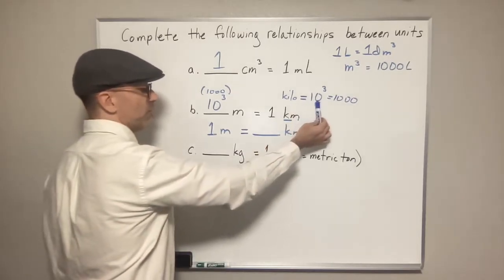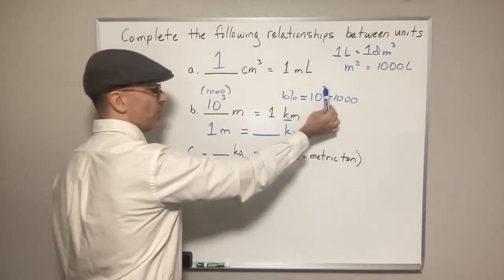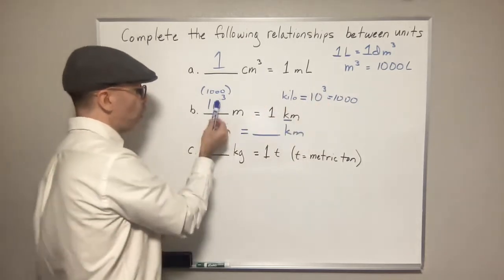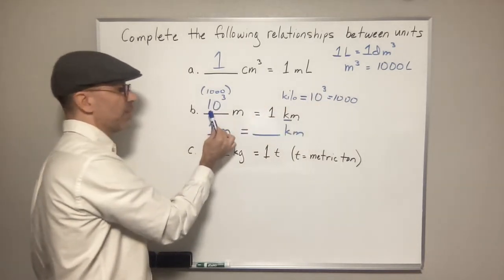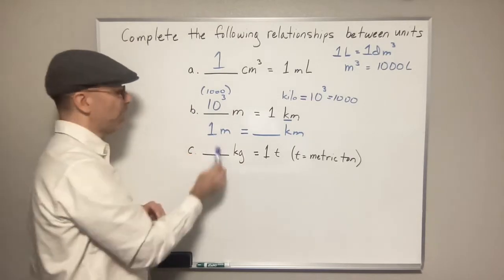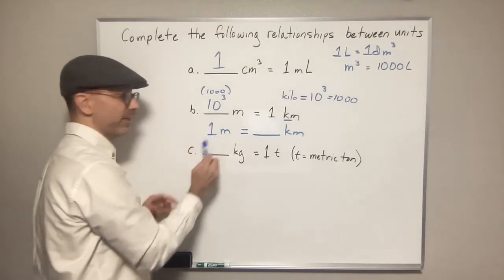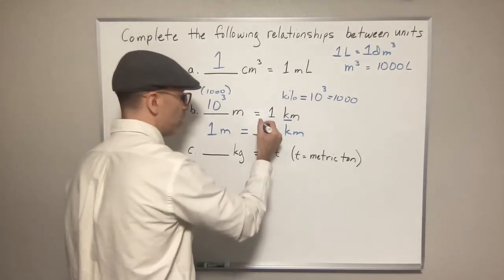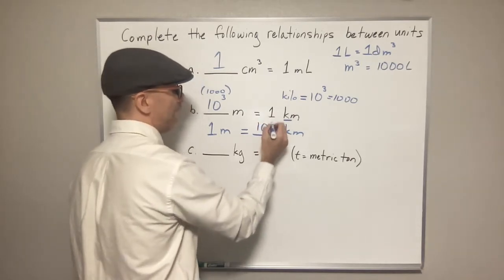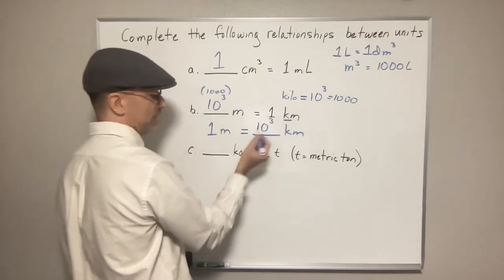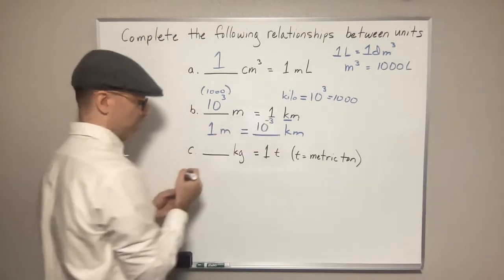So here the prefix multiplier is 10 to the third. Normally I would put it with the base unit unchanged, but since the base unit has a 1, I'm going to put it here, but change the sign of the exponent. Instead of a positive 3, it's going to be negative.